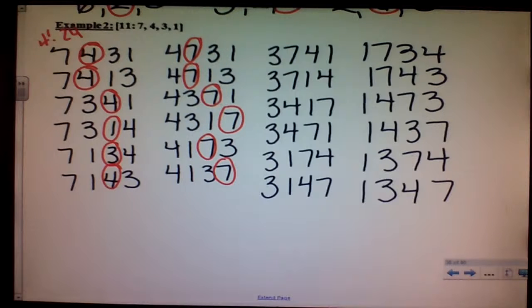So all the ones that start with 4s, your 7 should be circled. Yep. Got it. Okay. 4, 1, 7, 7, 7, 7. Oh, wait. You got 4 more already?